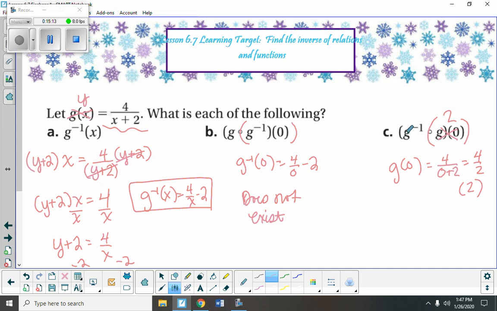Now we want to find the inverse of g's function, or g's value when the x is 2. So we're going to substitute 2 into the inverse function. So it'll be 4 over 2 minus 2. 4 over 2 is 2, and that value is 0.